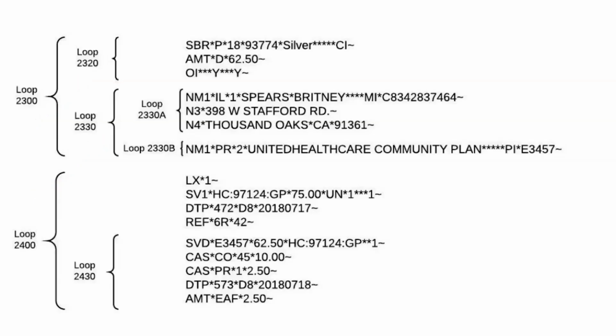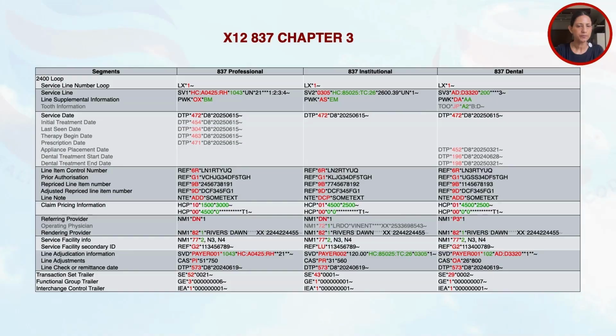Now, if the other payer has made a partial payment towards the line, the SVD segment shows that with the payer ID in SVD01, the portion of the payment made in SVD02, and the procedure code and modifier information based on which the adjudication took place, all that goes in SVD03. This can be different from the submitted medical procedure code information. Then SVD05, as you see here, has the actual count of units as part of the adjudication process.